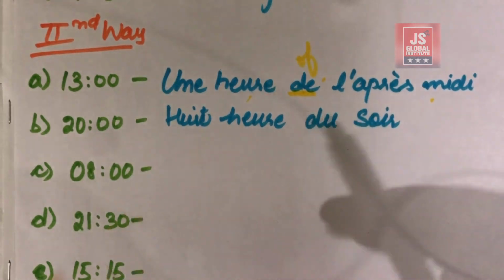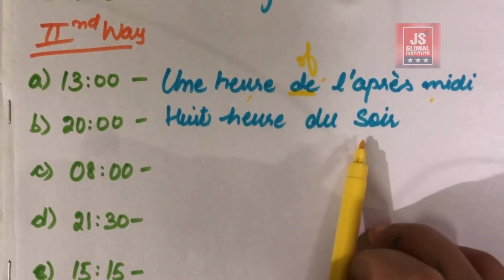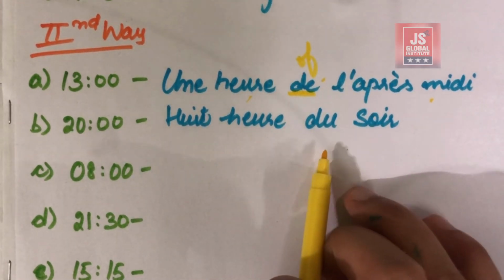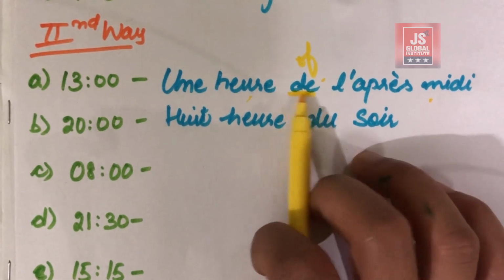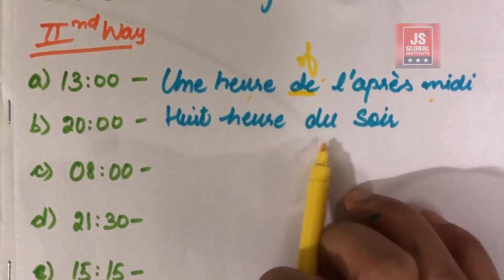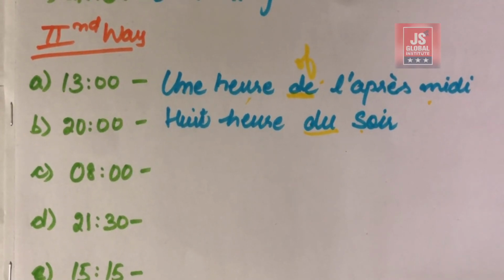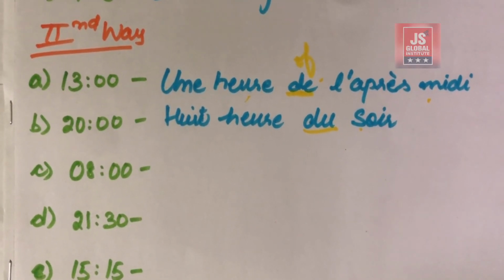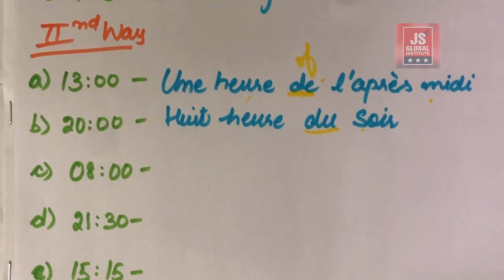I will tell you why it is written de l'après-midi and du soir. Whenever this L apostrophe is there, you are going to write it like de l'après-midi, and when nothing like L apostrophe is there, for example, evening is written as le soir, so here le would not be written and it would become du soir.